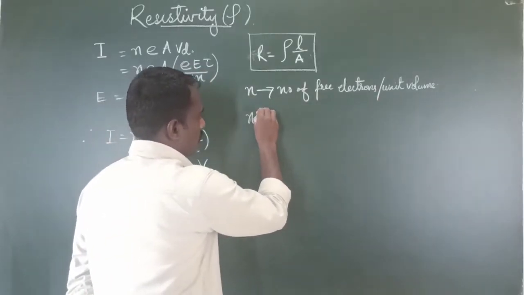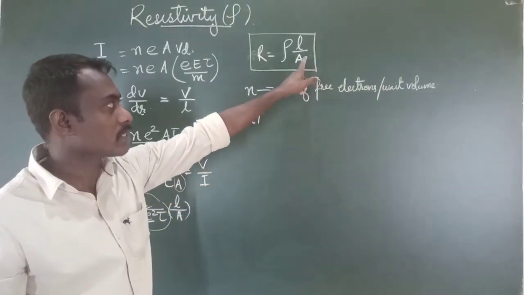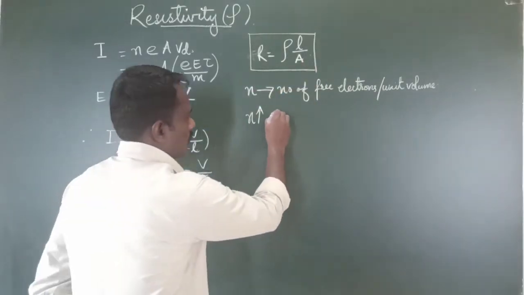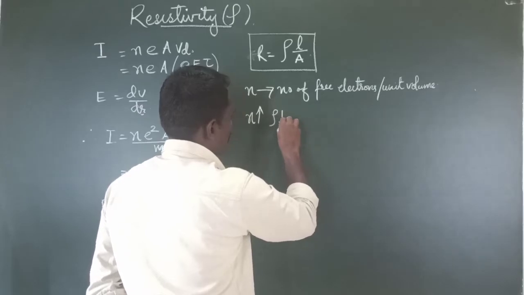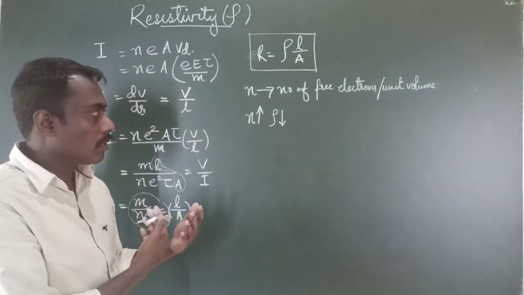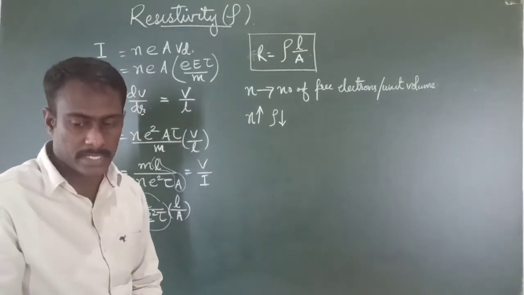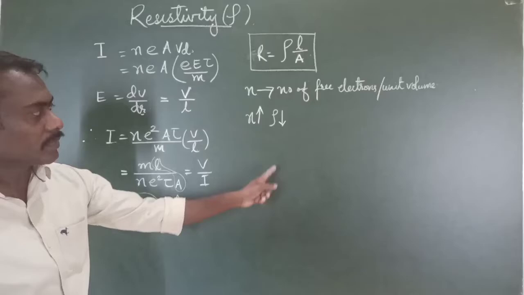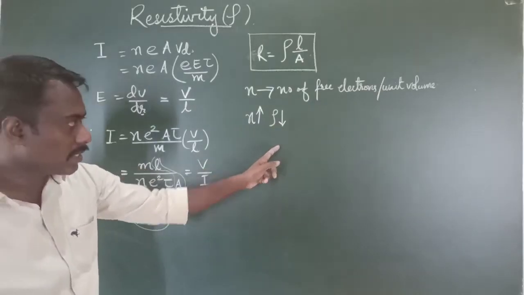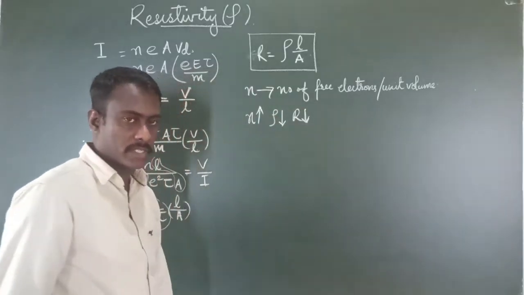If the number of electrons is going up, then what will happen to rho, the resistivity of the conductor? The resistivity of the conductor decreases. That means more electrons decrease the resistivity of the conductor, and if the resistivity decreases, the resistance also decreases.